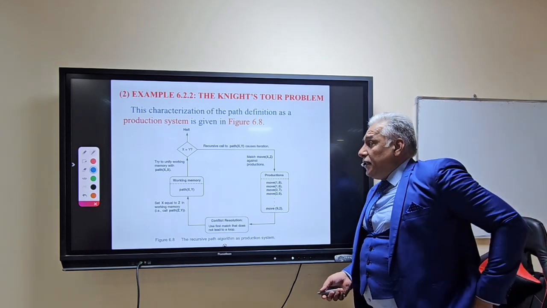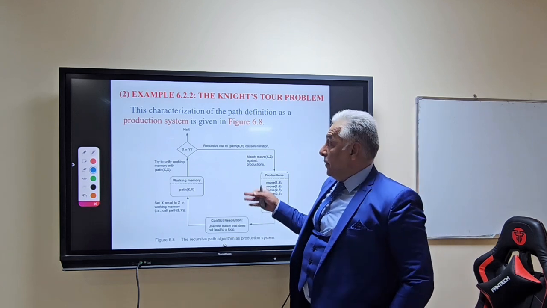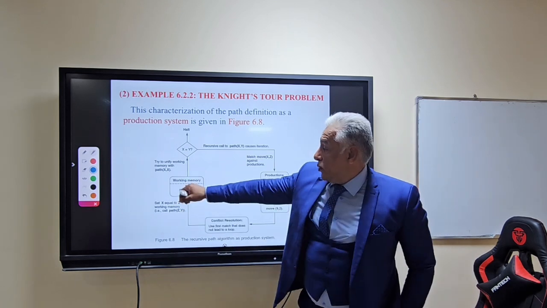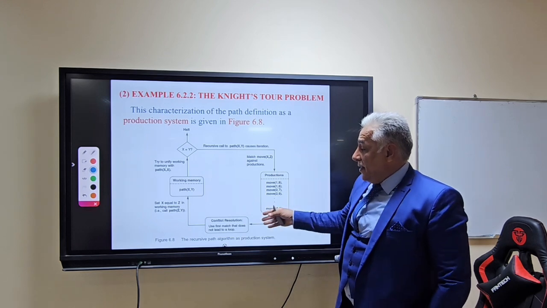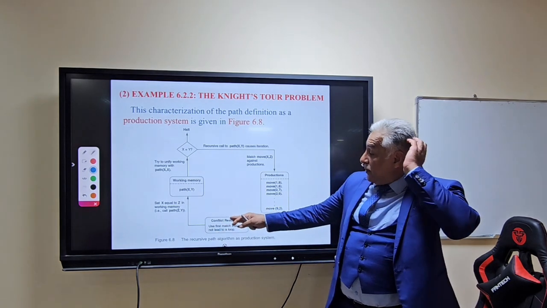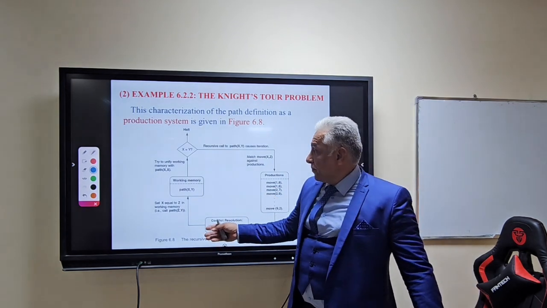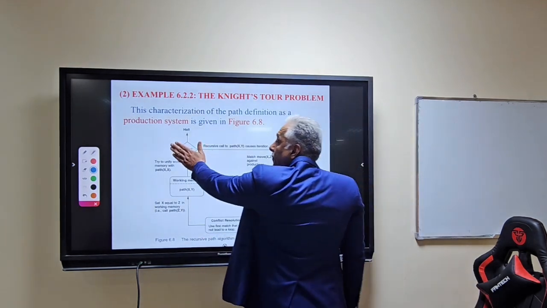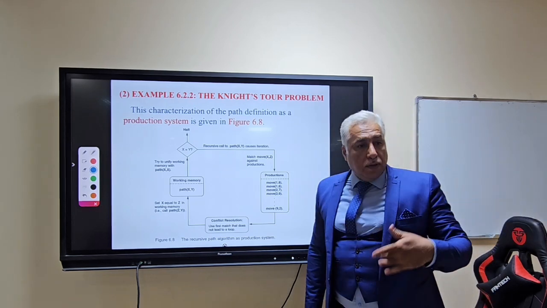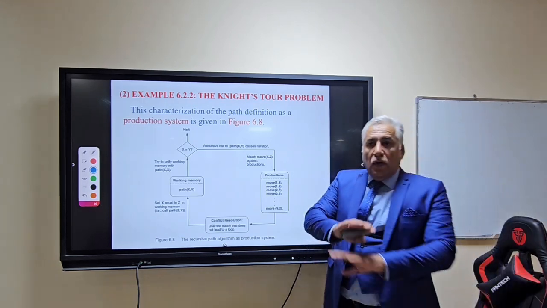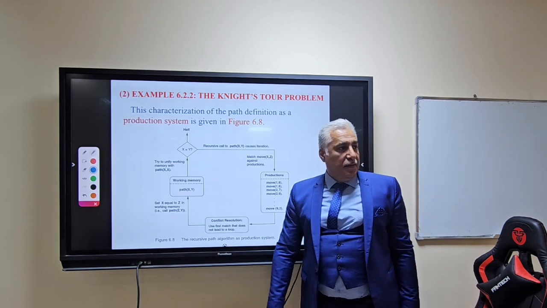This is the implementation, or the flowchart, of implementing this algorithm. This is working memory, and these are the productions, that means rules, and this conflict resolution means select the first one to be implemented. These conditions will be implemented to either continue the recursion or halt the process.